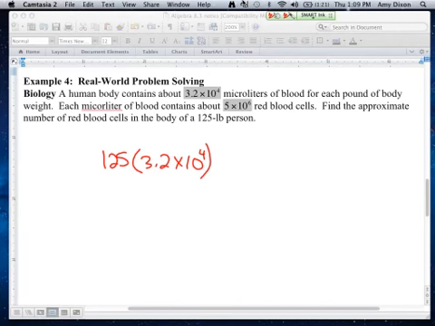And then each microliter contains 5 times 10 to the 6th red blood cells, and we want to know how many red blood cells there are. What do I do with that number? Yeah, we multiply it also. So basically, we're just multiplying all of our numbers. Sure, this makes sense.